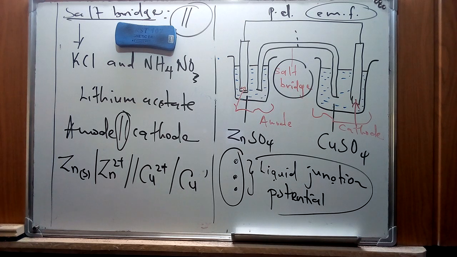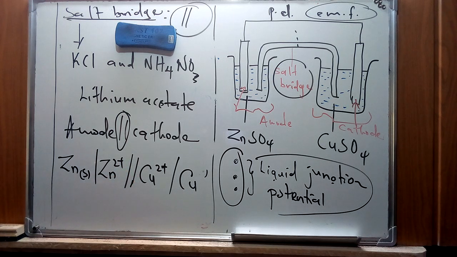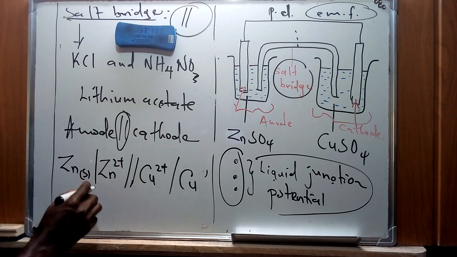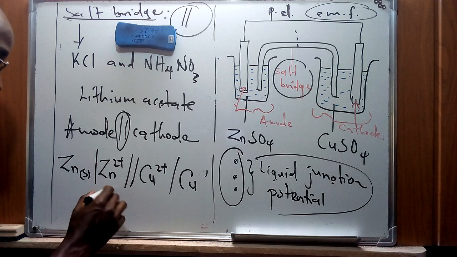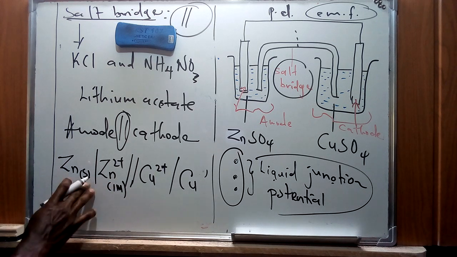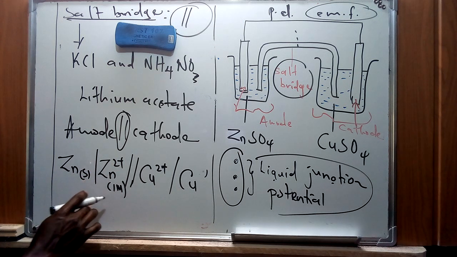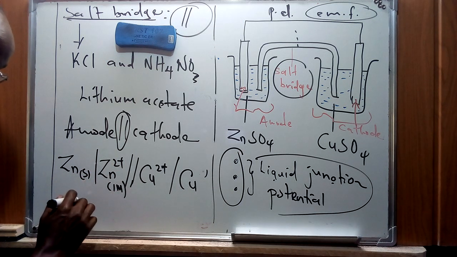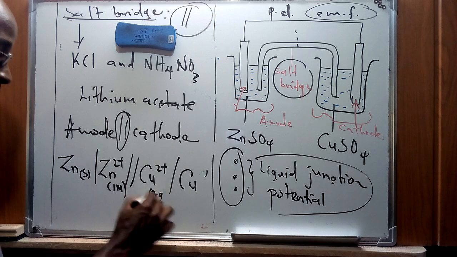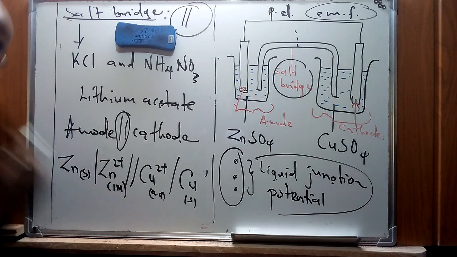But in this case, there are other details that we need to illustrate, for instance the phase or state of the particular constituents of the electrochemical cell. So one of them is the concentration, and then the state. This is a solid, some aqueous of 1 molar, and then we have a salt bridge in between, and then the ionic solution, and then solid.